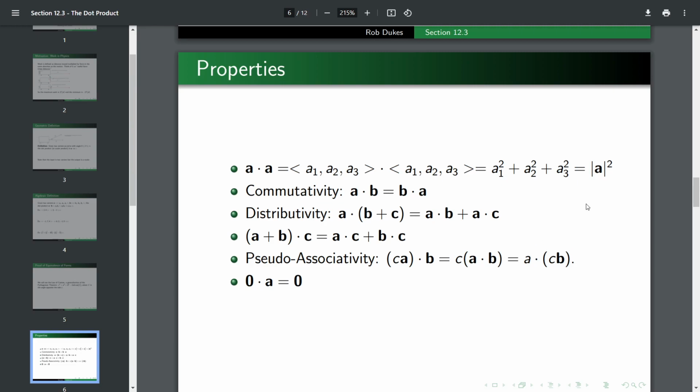So what I'm saying is that if you have a scalar in front of a dot product, you can distribute it to one and only one of the two, whichever seems easiest. And 0 dot A is 0. 0 dot anything is going to be 0.